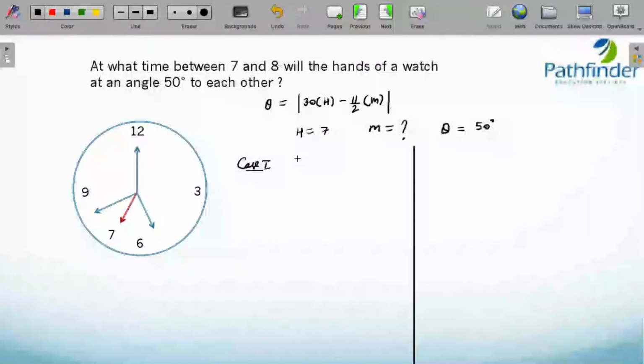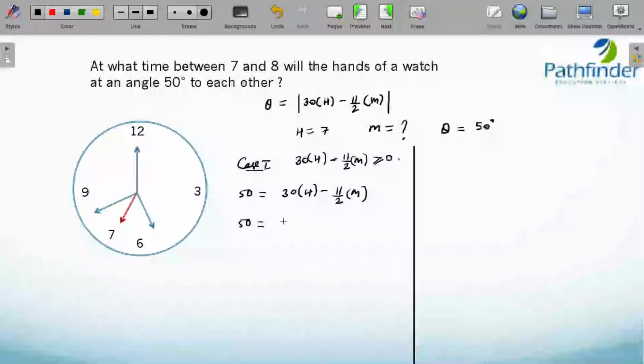In case 1, I take 30h minus 11 by 2m to be greater than or equal to 0. And therefore, 50 will be simply equal to 30 times h minus 11 by 2 times m. And the value of h is 7.